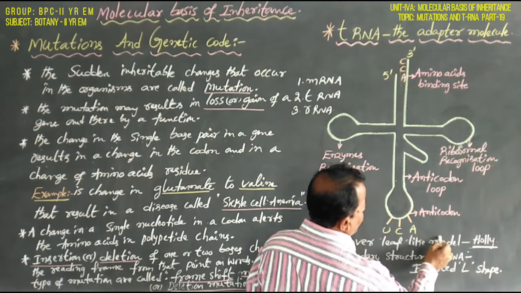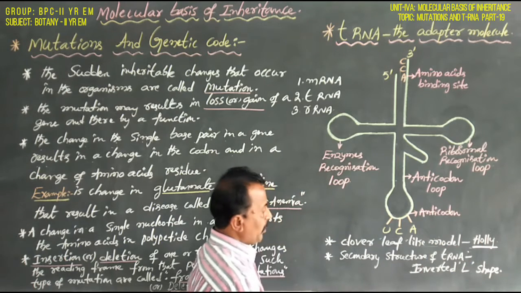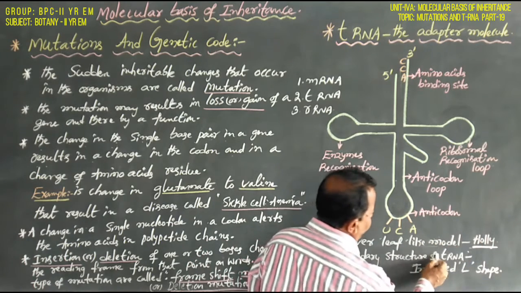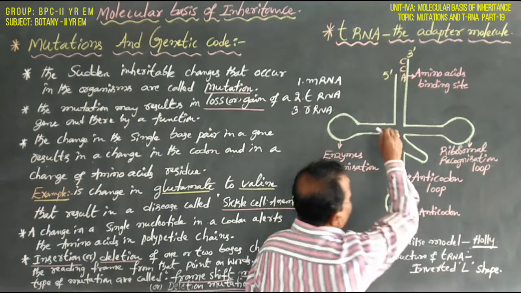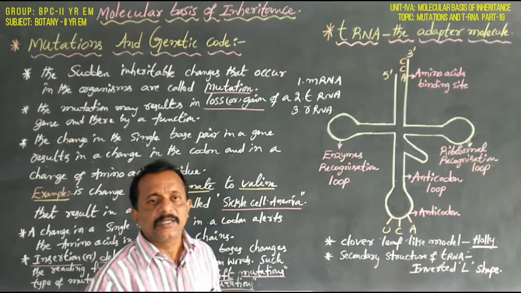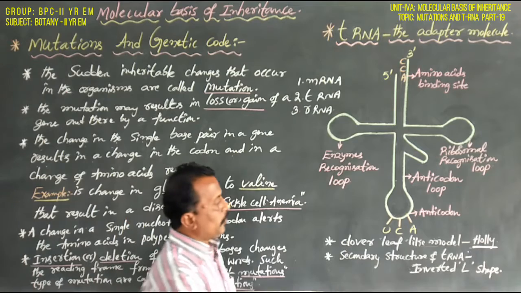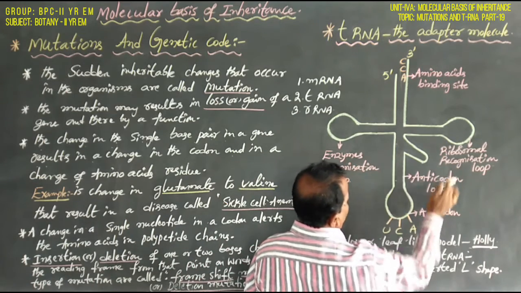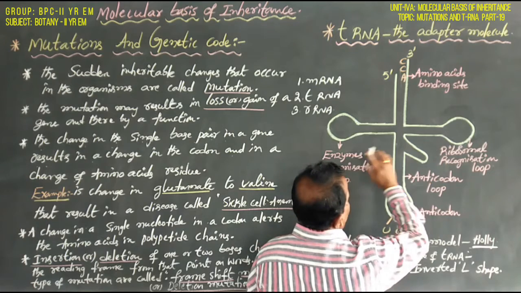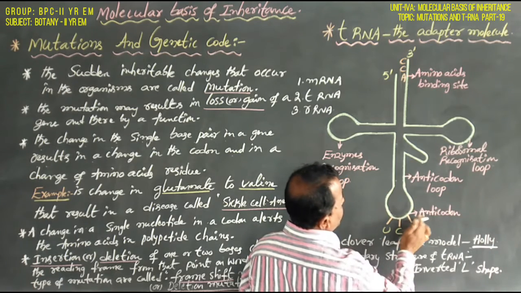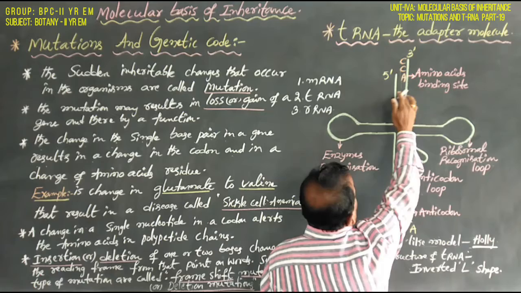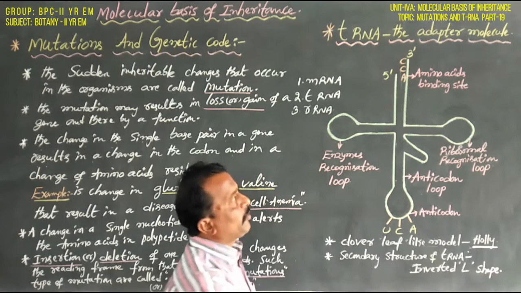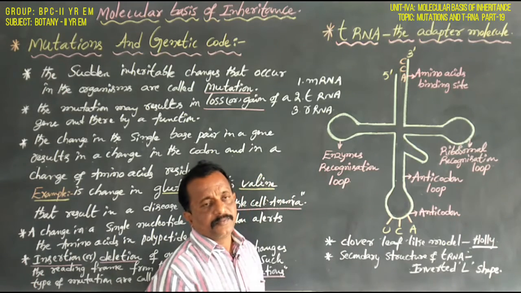Okay, now dear students, tRNA, the adapter molecule, appears as a clover leaf-like model. It was first discovered by Holley, and the secondary structure of tRNA appears as an inverted L shape. This tRNA has three loops and one tail part.